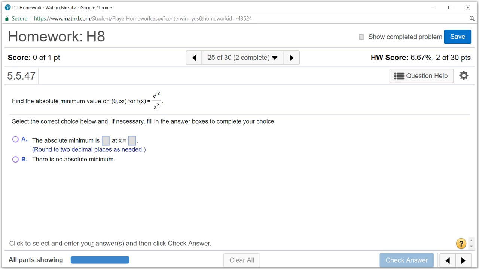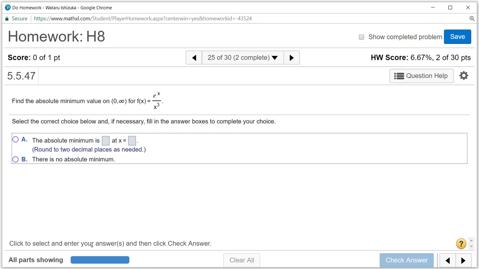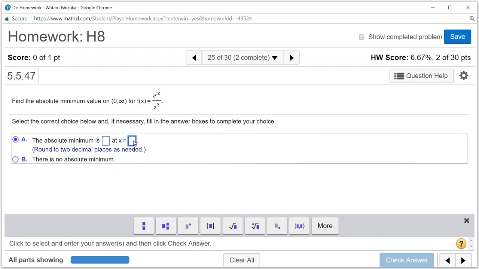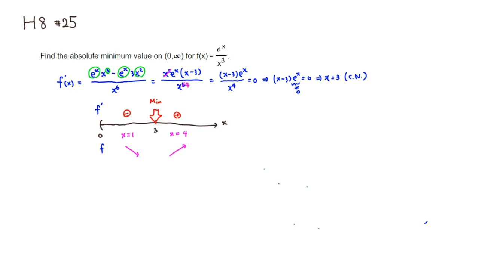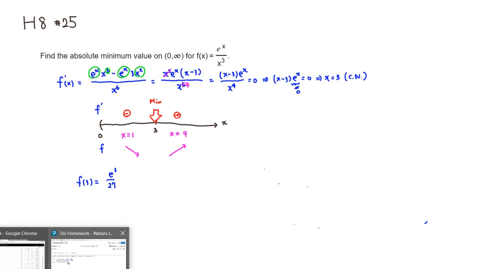We have to find the minimum value too. We definitely know where it occurs: at 3. Then we have to find f of 3. So f of 3 would be e cubed over 3 cubed, which is 27. That's the answer.